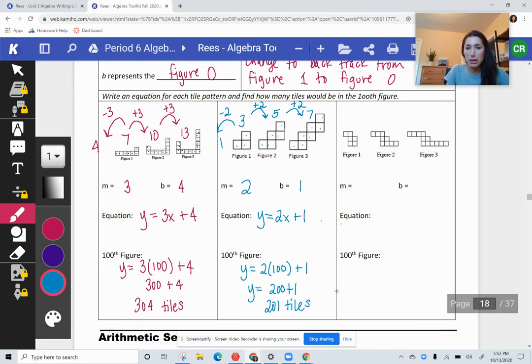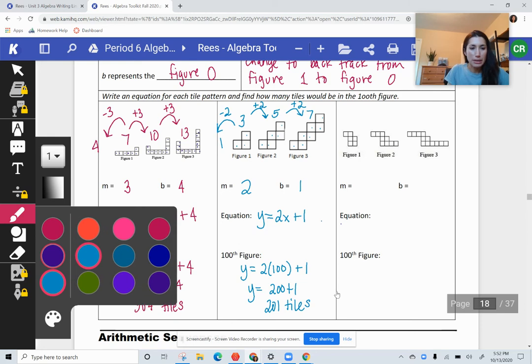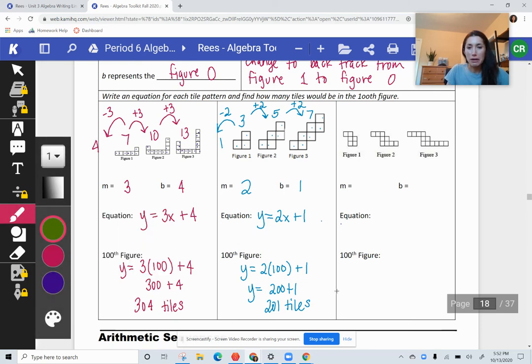All right, let's look here on our last one. Let's maybe get green here. We've got 1, 2, 3, 4, 5, 6 tiles. 1, 2, 3, 4, 5, 6, 7, 8, 9 tiles. And I'm going to take a guess that there's 12 tiles in this one. 3, 4, 5, 6, 7, 8, 9, 10, 11, 12. You might also want to see the pattern of where it's actually increasing in the figure.